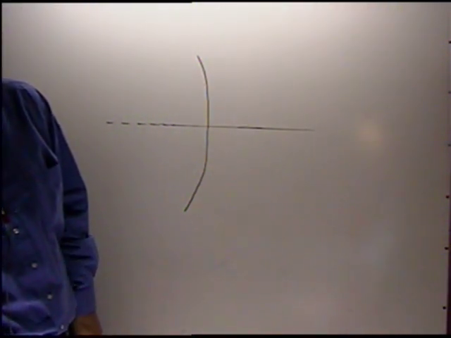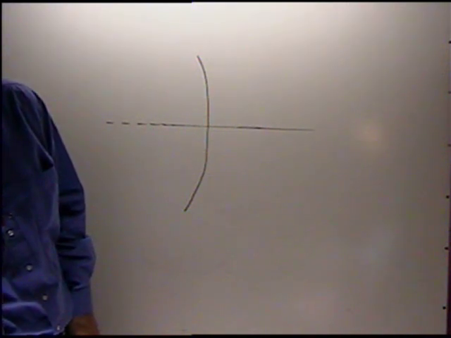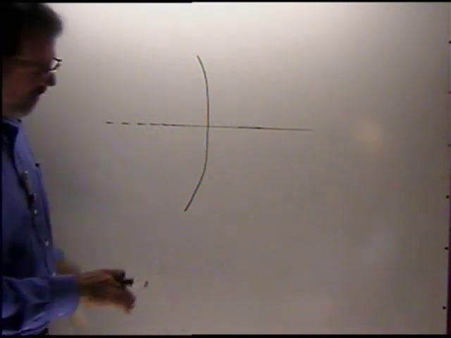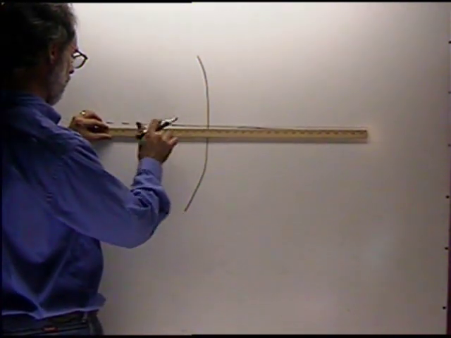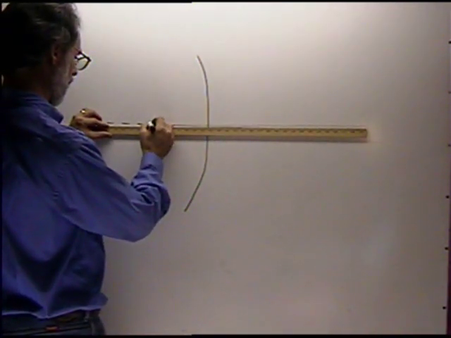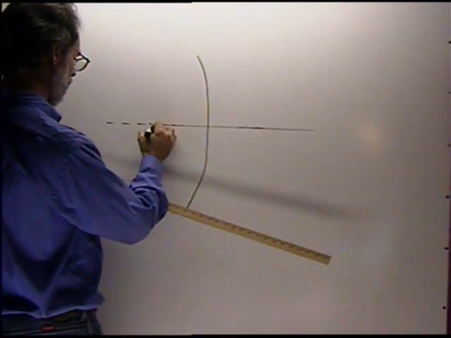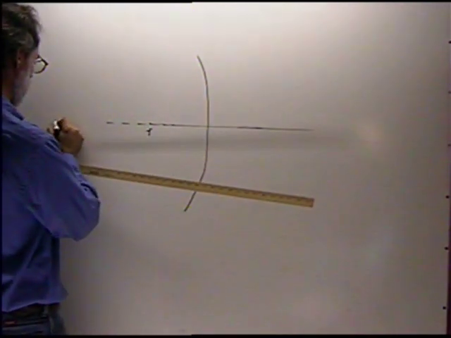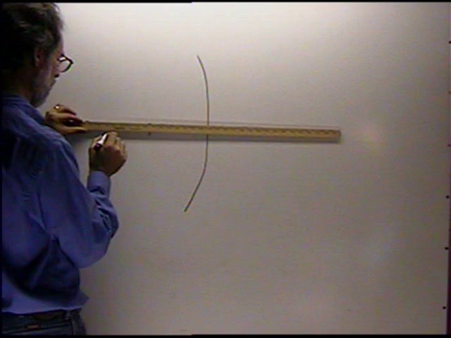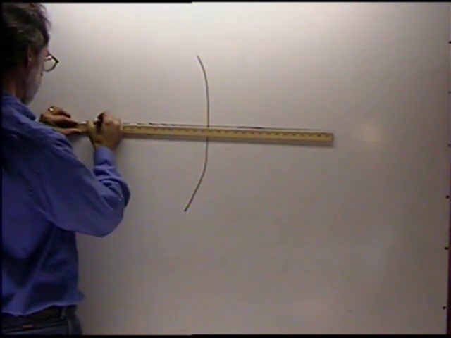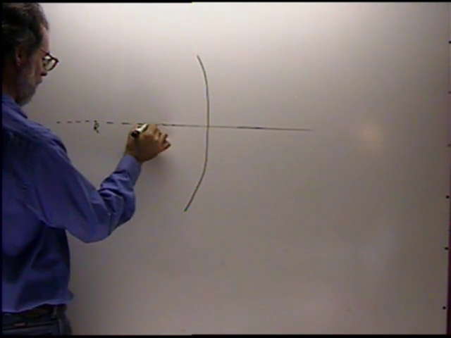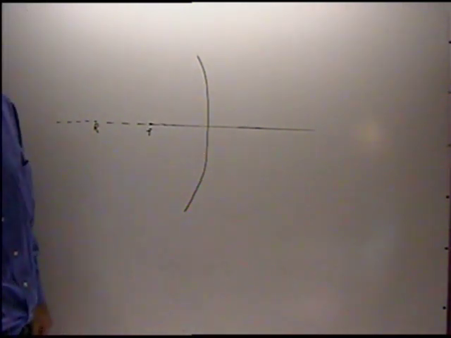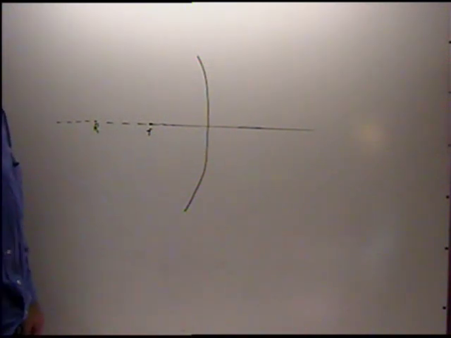And let's see, it's 7 centimeters. I'm going to make it 7 inches to the focus, and that would be another 7 to the radius. So here would be the radius. Okay?